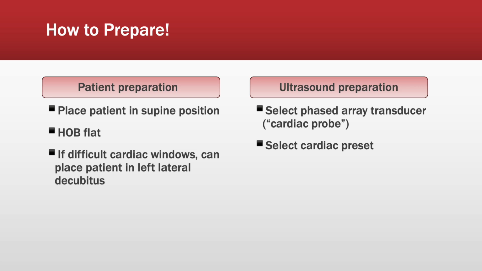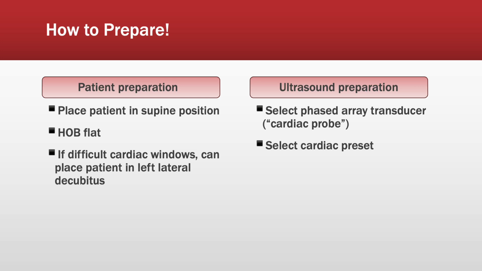After you select your probe, you're going to have the option to select what we call a preset. So you could have different presets such as the cardiac preset, the abdominal preset, the ocular preset. These presets are going to have the optimal settings like gain, depth, thermal index, or mechanical index already preset in that particular selection so that your images could be obtained with the best possible settings.